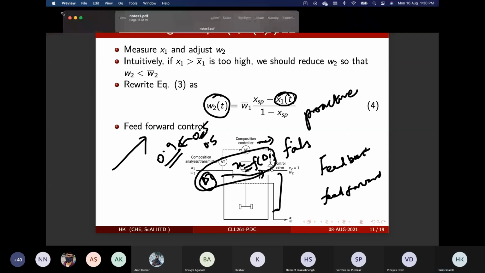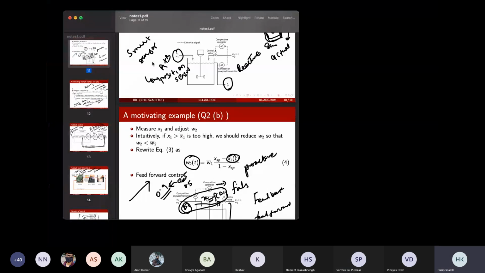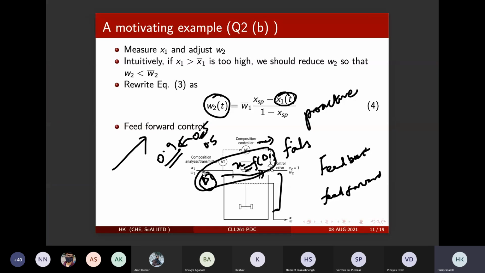Look at this case. I hope my screen is visible to you. Here, if you look at how feed forward works, it measures the composition of X1 and anticipates what would have happened. If there is a change in X1, then it does a control action to correct X by changing X2. There should be a relation that relates a change in input to a change in output.